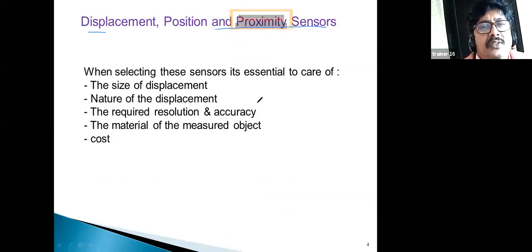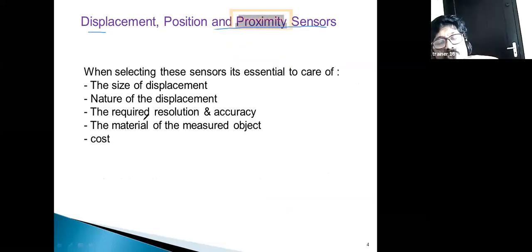When selecting these sensors, we essentially have to take care of some things: the size of the displacement, the nature of the displacement, whether it is linear or angular, the required resolution and accuracy, and the material of the measured object. Material is a very important thing. Some magical materials are there. Here the material plays a major role in the sensor.